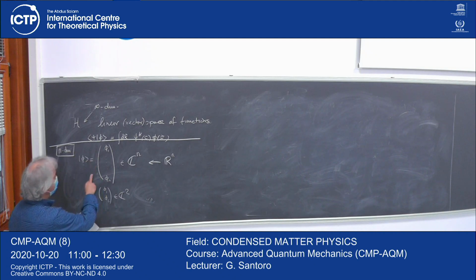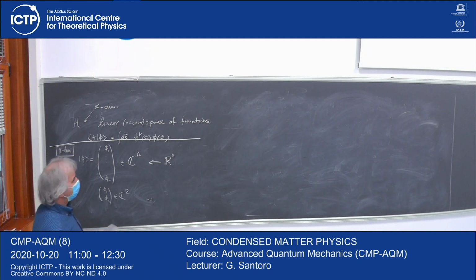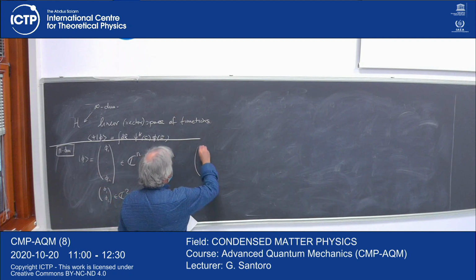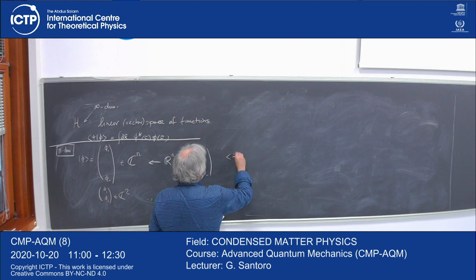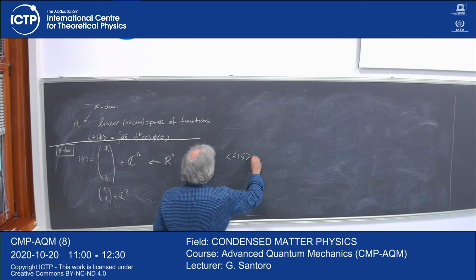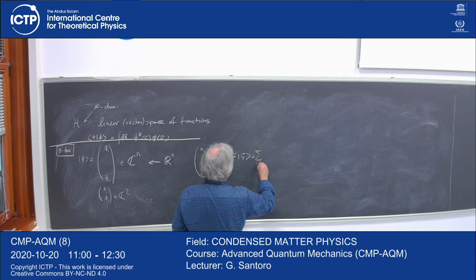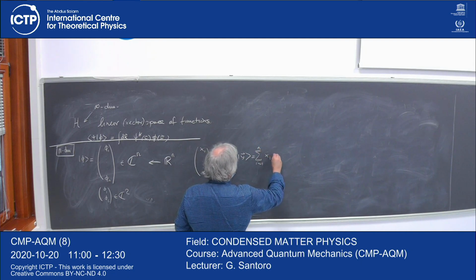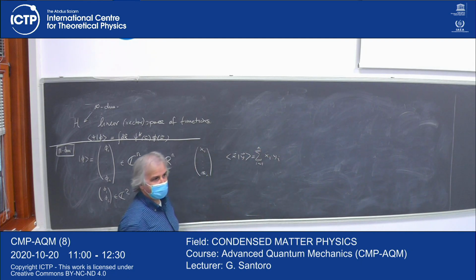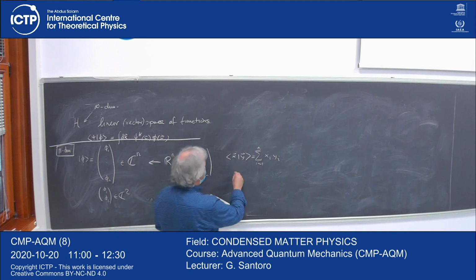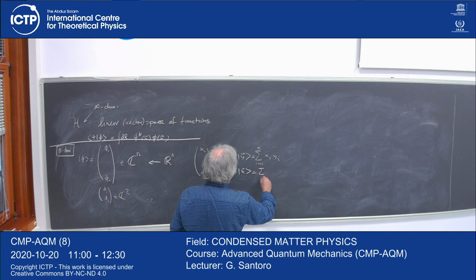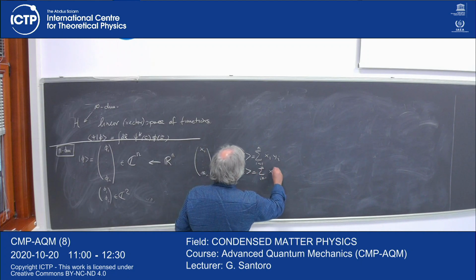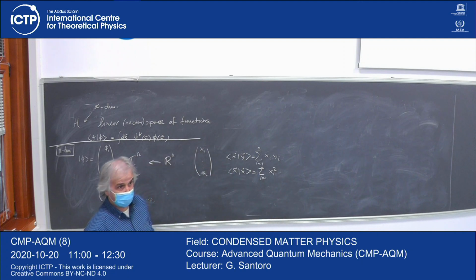Now, how do I define the scalar product for these things? You remember that if these were real numbers, and I ask you to define the scalar product between, let's say, x and y, then you do the sum over i from 1 to n of xi yi, right? And therefore, x with x is equal to the sum over i of xi squared, the Euclidean length squared.